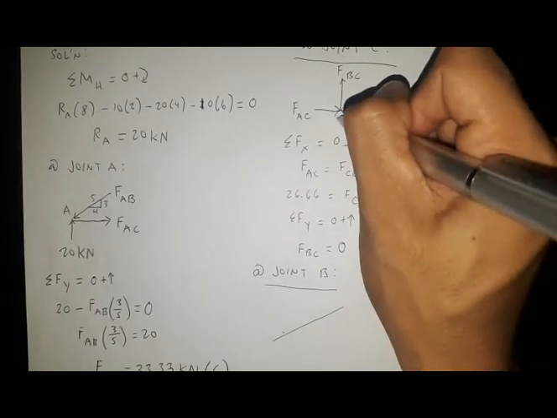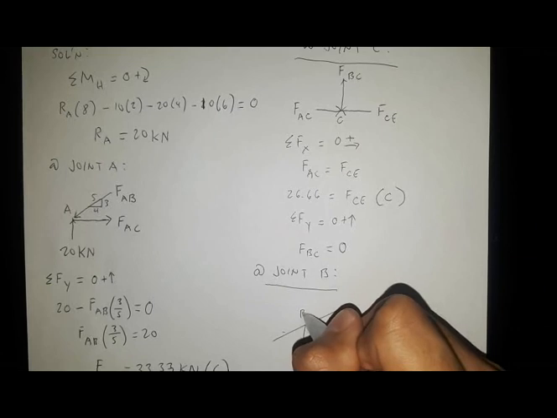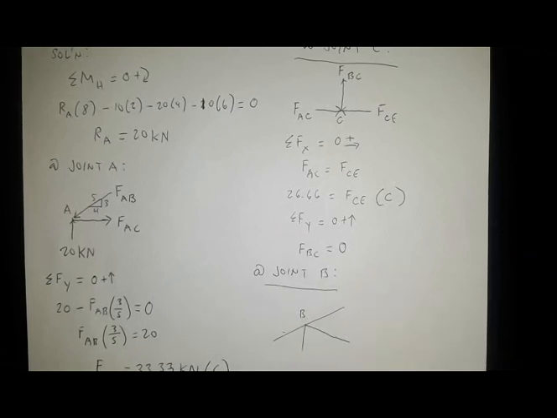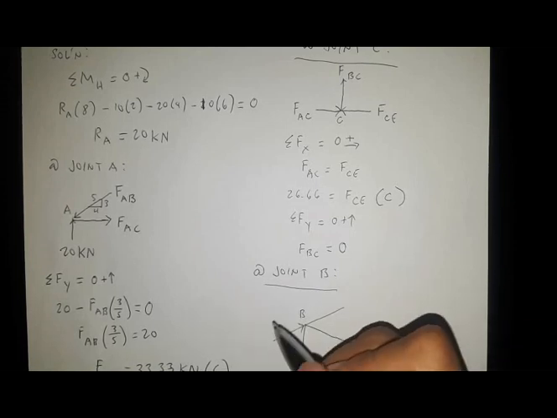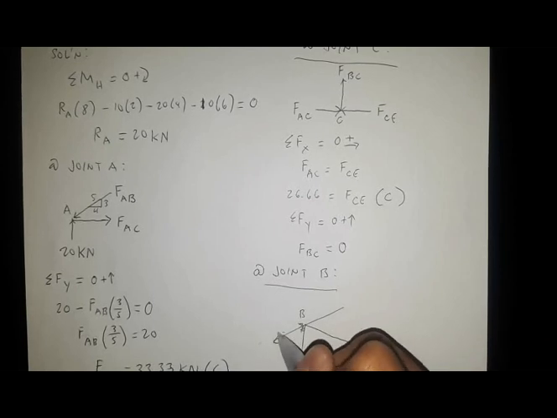So this is your joint C. This is your joint B. So we have here force of member AB, so it be in this direction, equal to 33.33 kilonewton force of member AB.